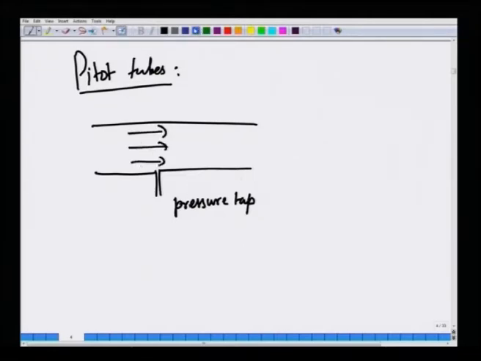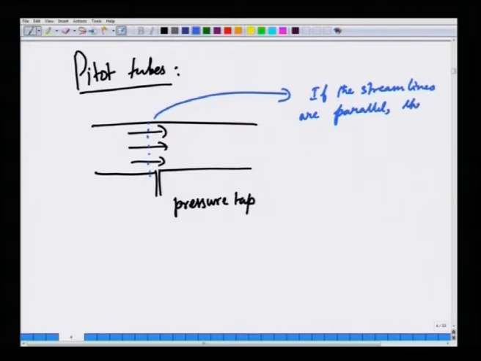Then it turns out that there is no normal variation of pressure if the streamlines are straight, which we will see later. Okay. If the streamlines are parallel, then no normal variation in pressure.